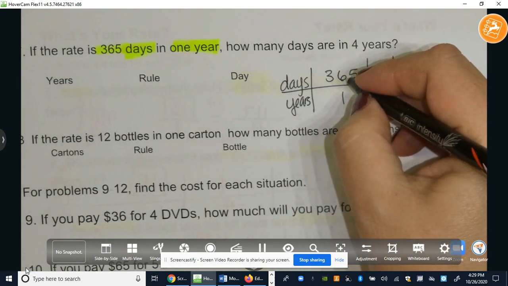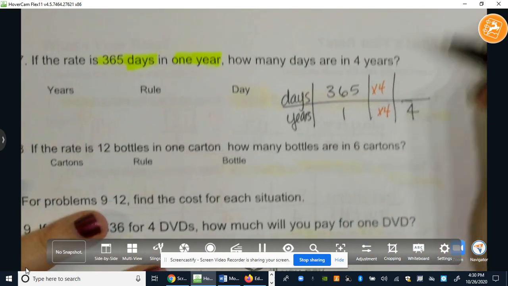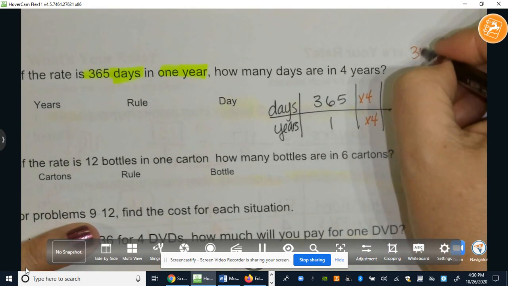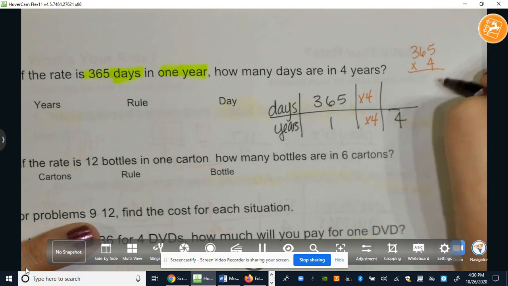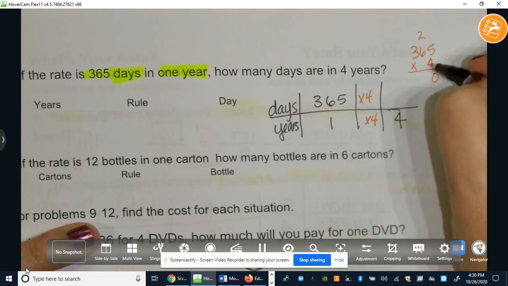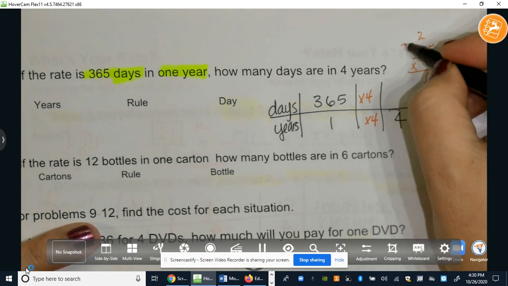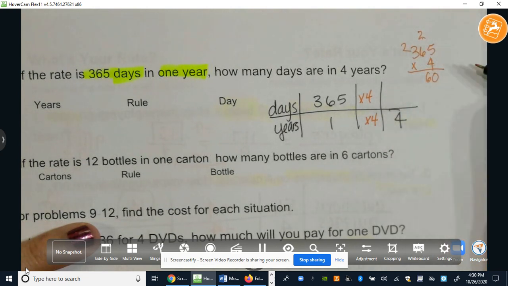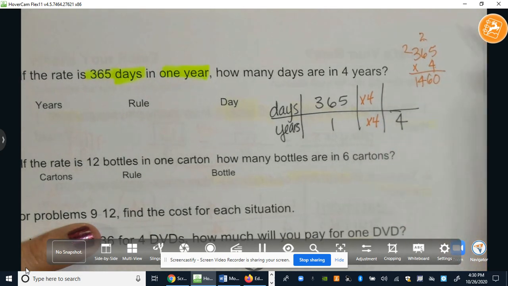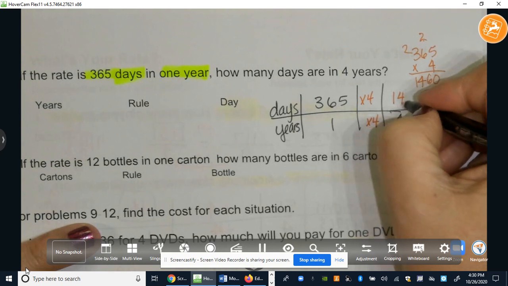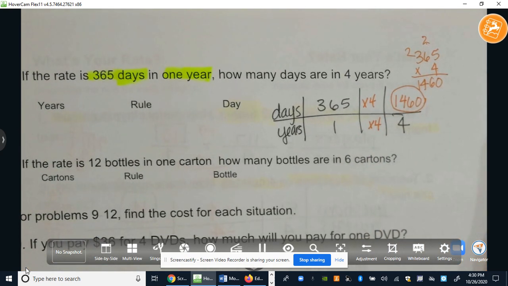And 365 times 4. Well, I'm going to come over here and do my math. 365 times 4. 4 times 5 gives me 20. Drop a 0, carry a 2. 4 times 6 is 24, 25, 26. Carry a 2. 4 times 3 is 12, plus 2 is 14. So we have 1,460 days in 4 years.